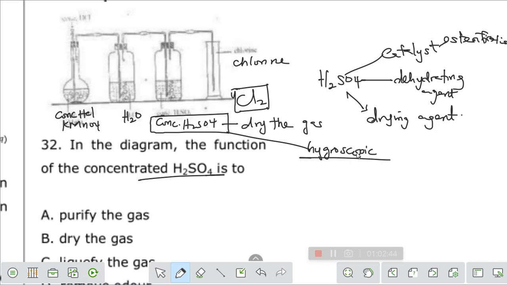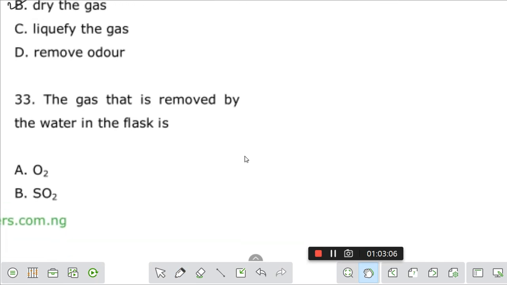Any drying agent you ever heard about is a deliquescent or hygroscopic substance. So H2SO4 is hygroscopic, and that's why we use it as a drying agent.